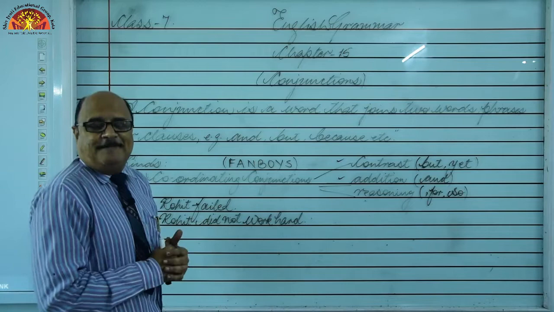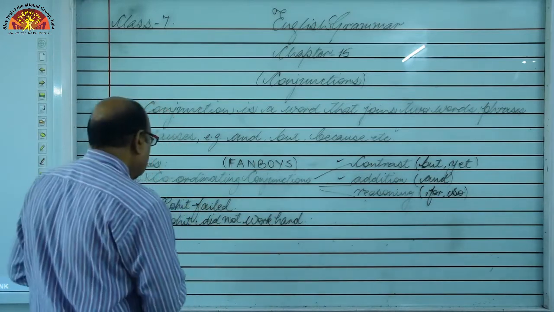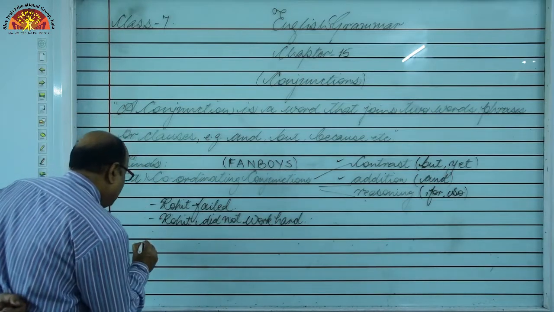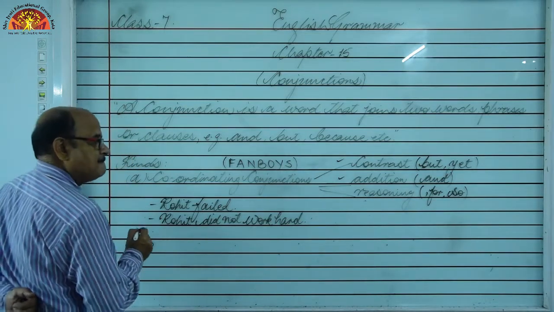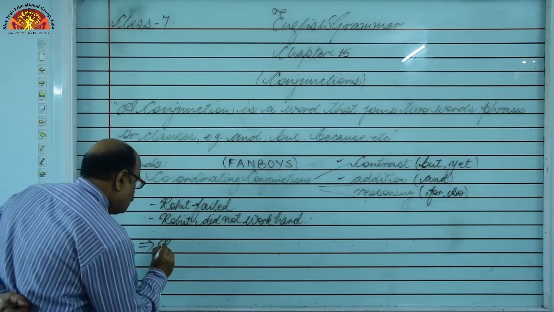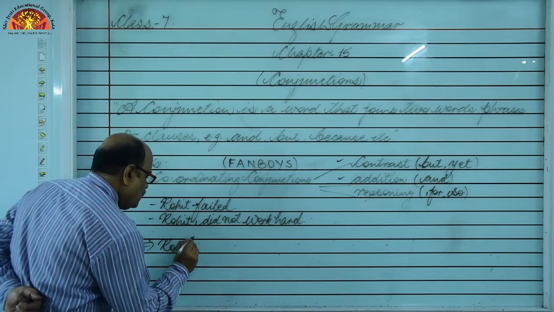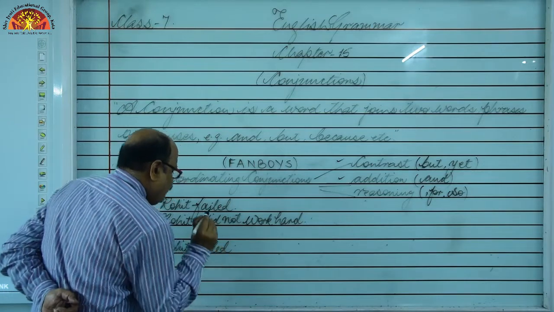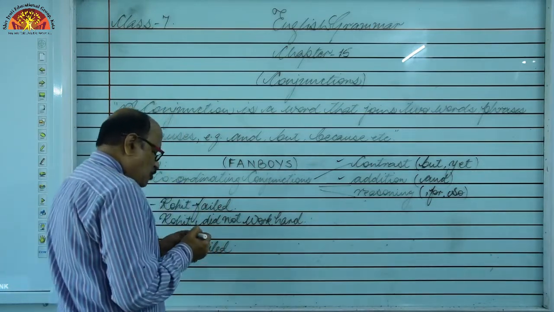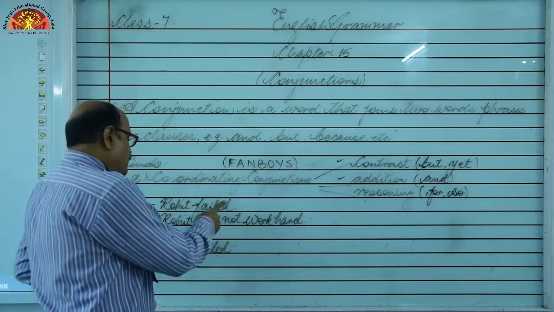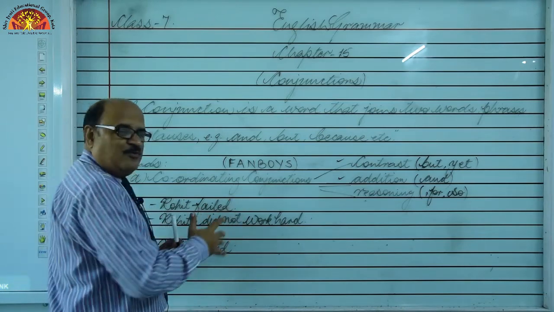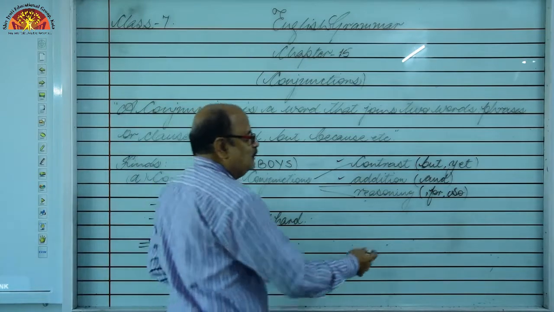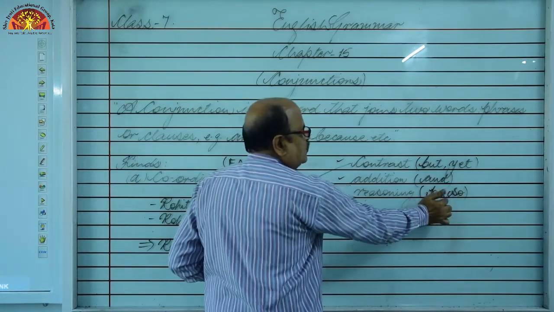We have to join them. So, how to? Look, Rohit failed. So, we can write Rohit failed. You must be thinking, sir, we can write Rohit failed because he did not work hard, right? You are right, but here we have to use either of them, either this one or this one.